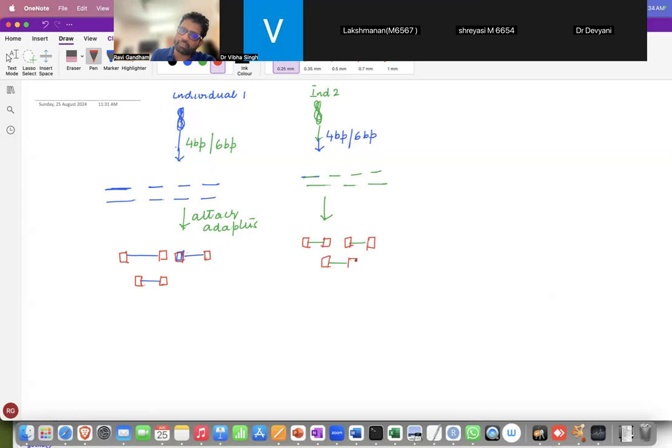You'll amplify. Next step is what? You will simply amplify. Now, once you amplify, what happens? The primers would bind to these fragments on both the sides, right? That's what happens. These primers would bind and amplify these fragments.